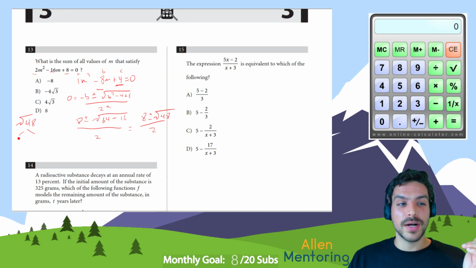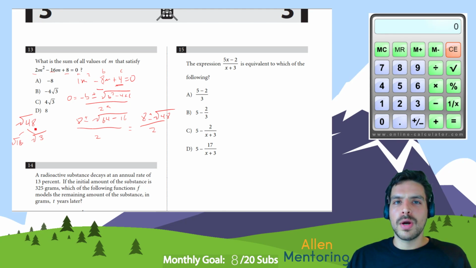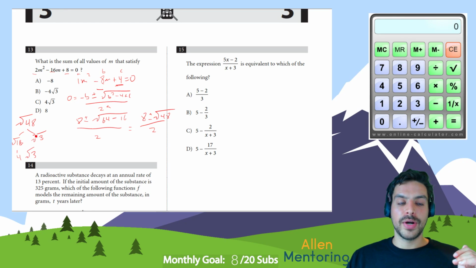So I see that the square root of 16, which is a perfect square, times the square root of 3 equals the square root of 48. All right, and so what's the square root of 16? That's going to be equal to 4. So 4 times root 3 is equal to 4 root 3. So you simplify the square root of 48 into 4 root 3.